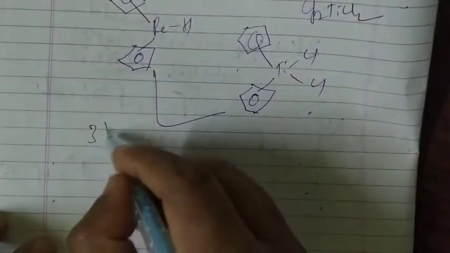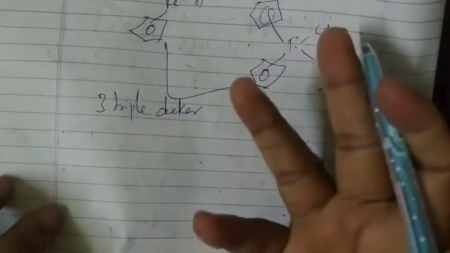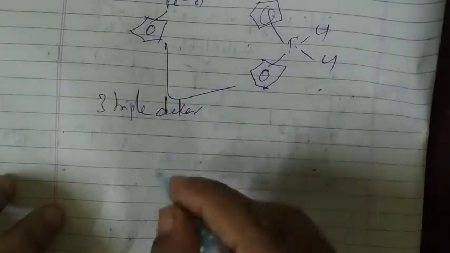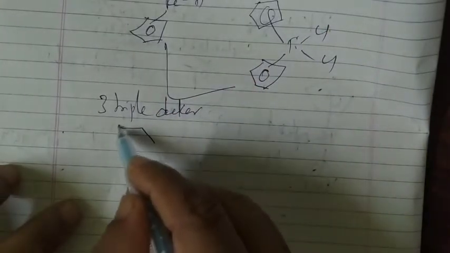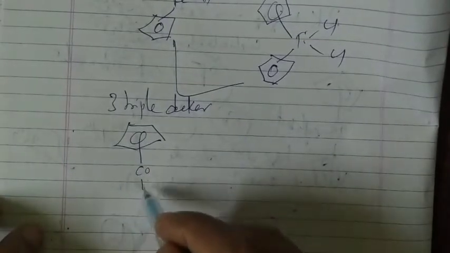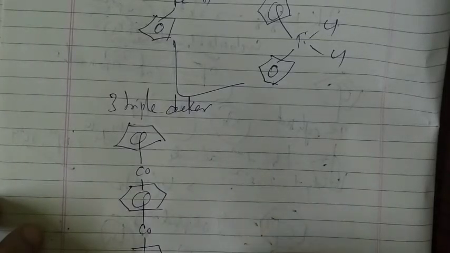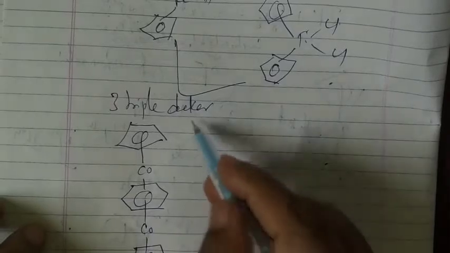Even triple decker we have also learned, triple decker type of metallocene, like nickelocene we have seen, okay, similar to that. In this way also we are going to observe, okay. So like this, we are going to see here cobalt. Then you can see here 1 2 3 4 5 6. This is very important here. Again cobalt. Again you can see here like this. So this type of molecule is also possible here.